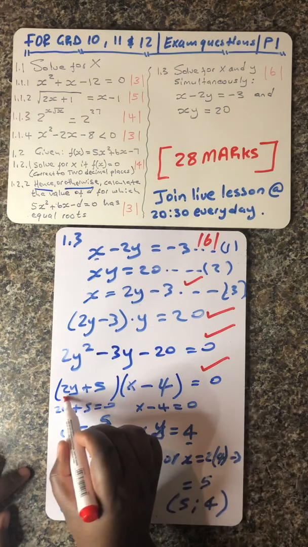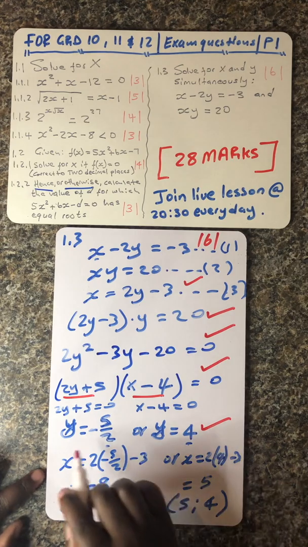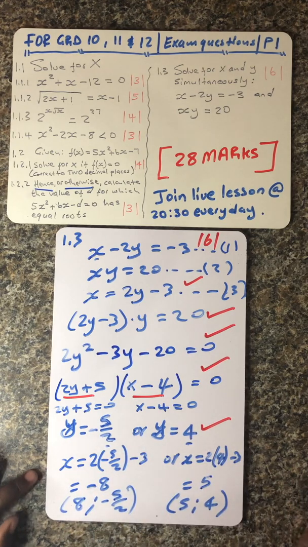Remember guys, all of these are the factors, so this is where you score your fourth mark. I'm sure you're able to notice that you will score your mark for providing the y values, and your last mark will come from the x values. So guys, this is how you answer this question.